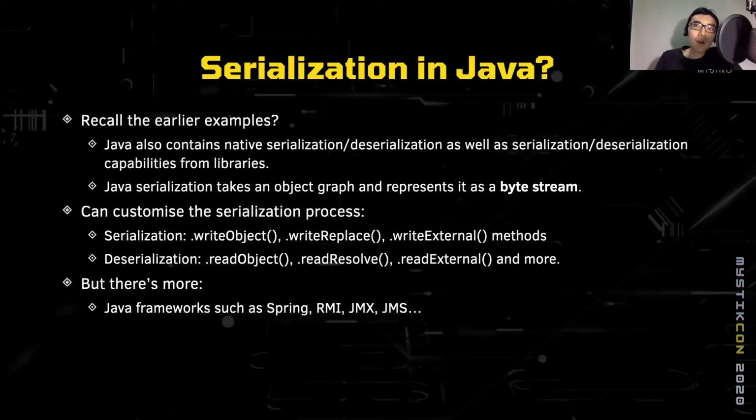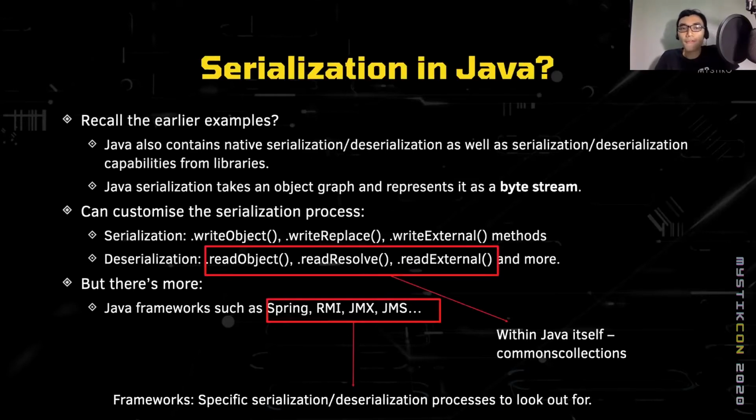Namely, the second set of bullet points, where you look at the writeObject, writeReplace, and writeExternal methods for serialization, and for deserialization, the various read methods. For non-native serializers and deserializers, you probably want to take note of the various frameworks that we have, such as Spring, RMI, JMX, etc.